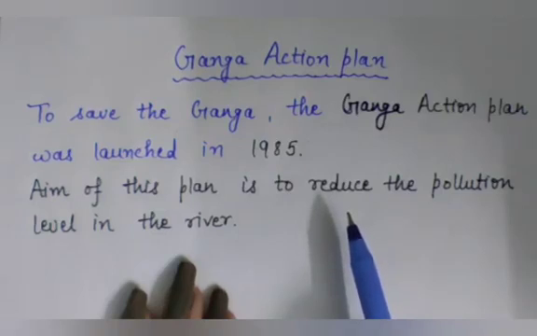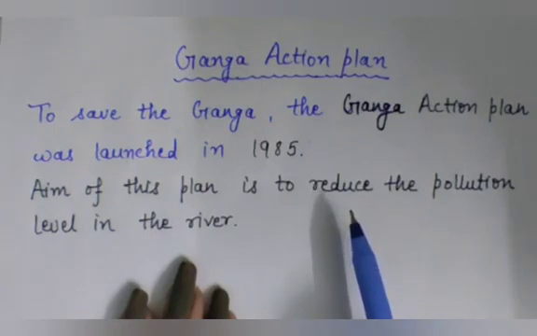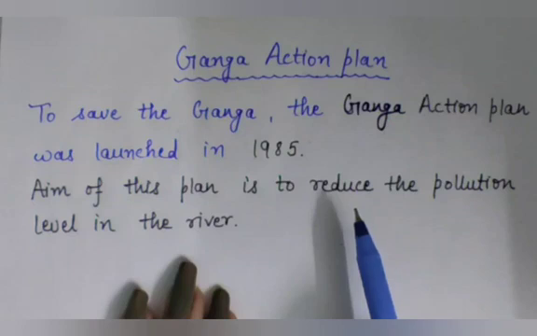into it. Means they pollute the river water. Many human activities are responsible for polluting the river water. And because of these activities, now Ganga is one of the 10 most endangered rivers in the world.